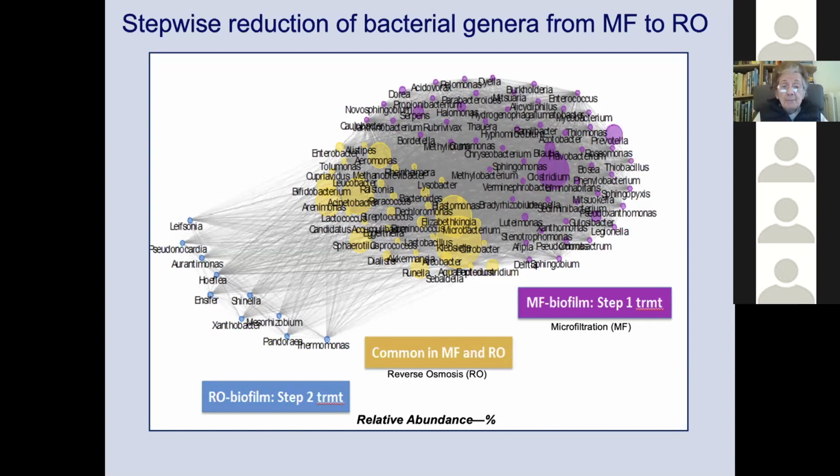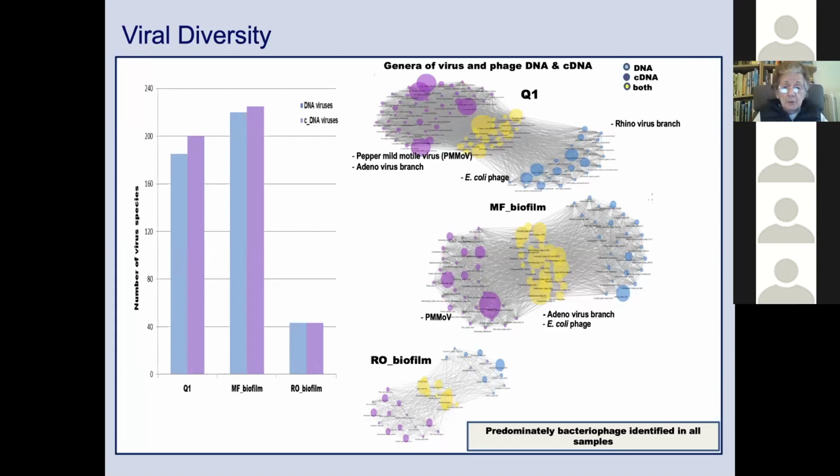Next slide, please. Similarly, we're able to show that as the Q1 water comes in, it has an occasional human virus, adenoviruses, other viruses. It has plant viruses, mainly the pepper mild mottle virus. And then once it goes through the various biofilm treatments, we see a reduction in the viruses to the point where by the time it hits the reverse osmosis and gets through, very, very few viruses are present.